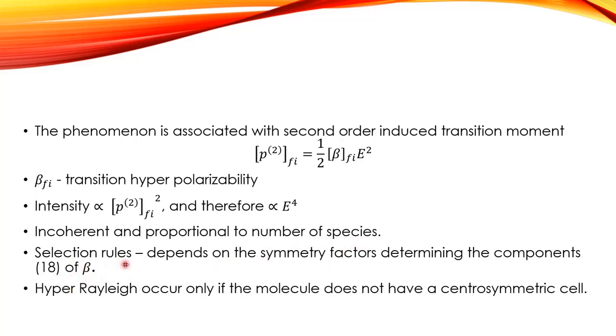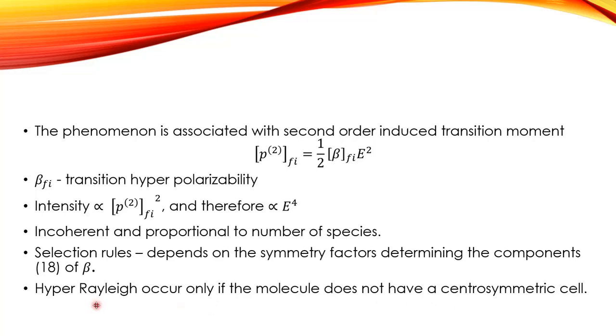So selection rules are different from that of Raman. Some of the hyper-Rayleigh lines are not seen in centrosymmetric molecules. In centrosymmetric molecules, these lines are absent.